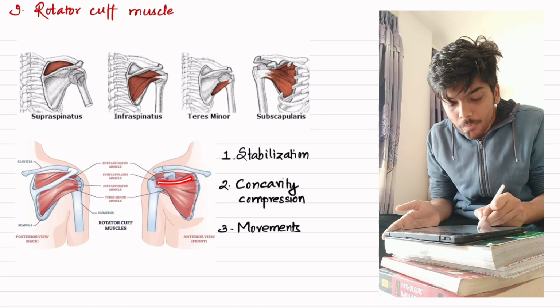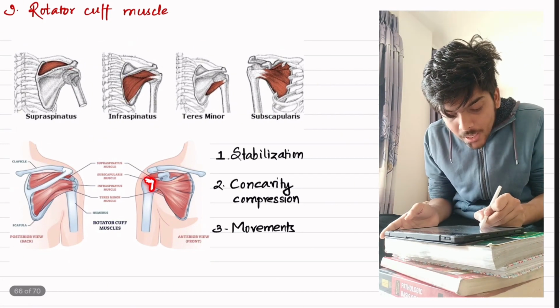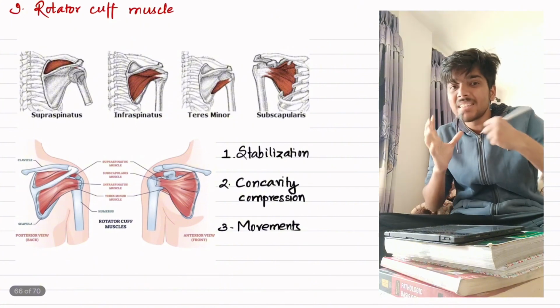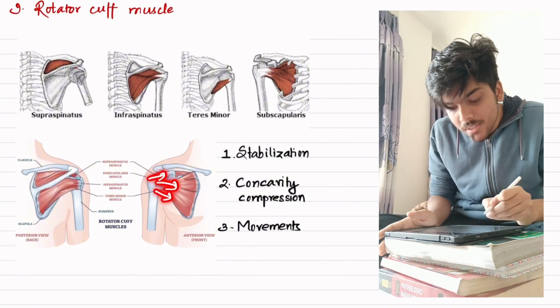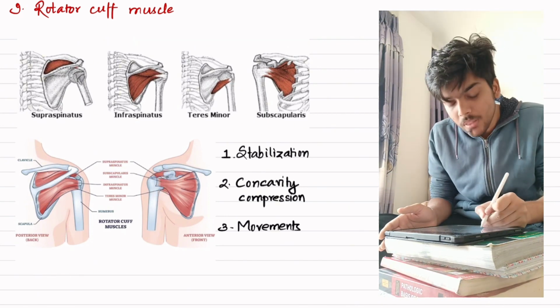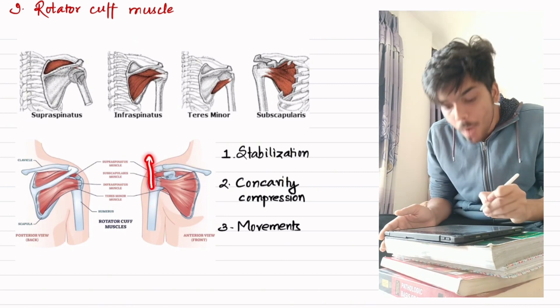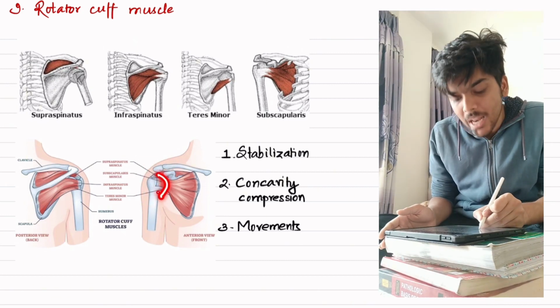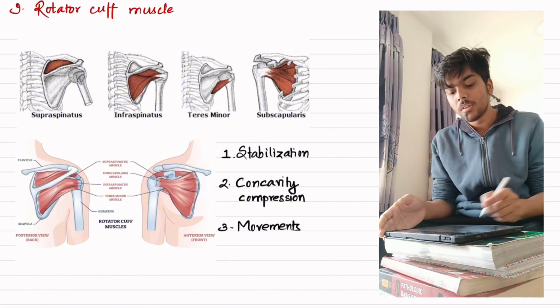These rotator cuff muscles hold the humerus in place by pulling it inside the glenoid cavity. These muscles pull and lodge the humerus inside the glenoid cavity such that when the deltoid muscle is contracted, instead of lifting up, it gets rotated in the glenoid cavity, and then you are able to abduct your arm.